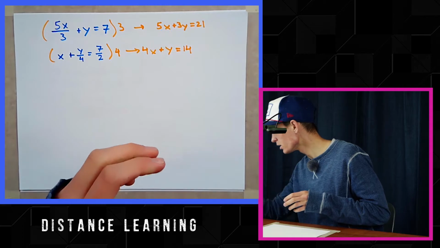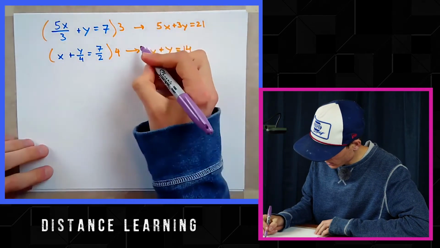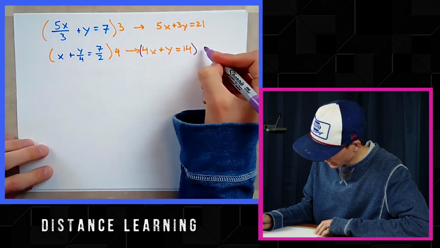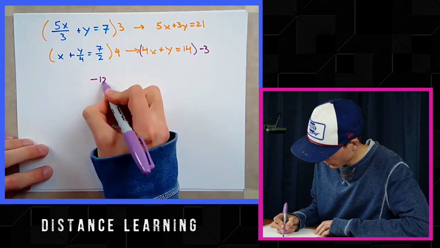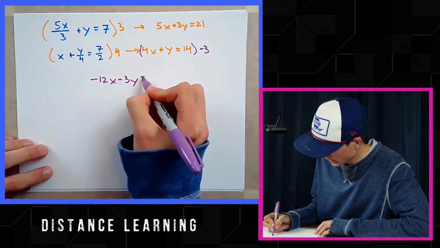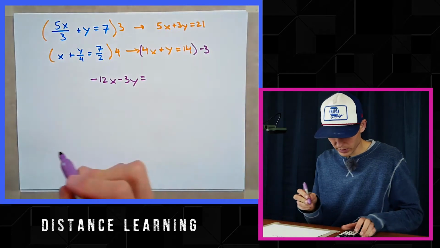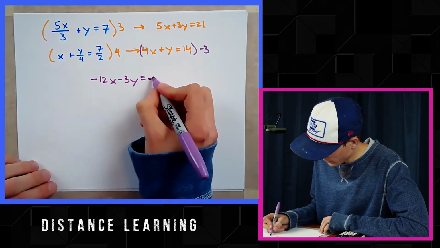Dang fractions. So, we're going to multiply this one by, we said negative 3. So we will have negative 12x minus 3y equals, what's 14 times 3? I want to say it's 42. Equals negative 42.